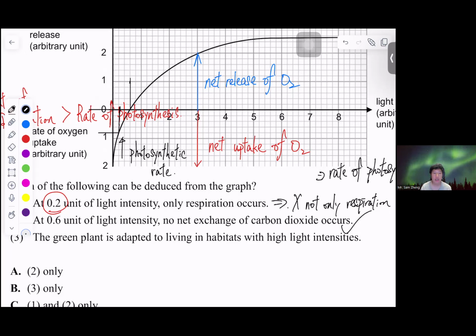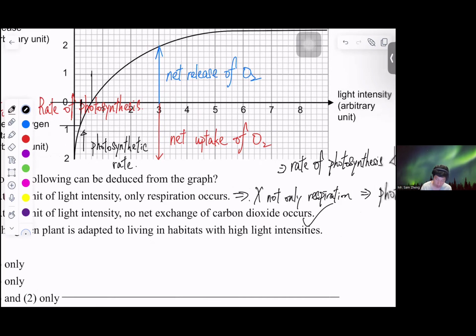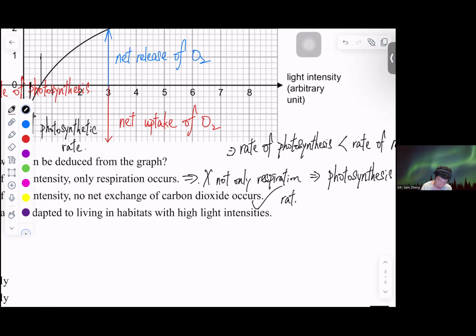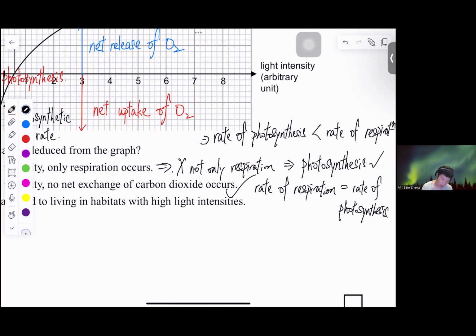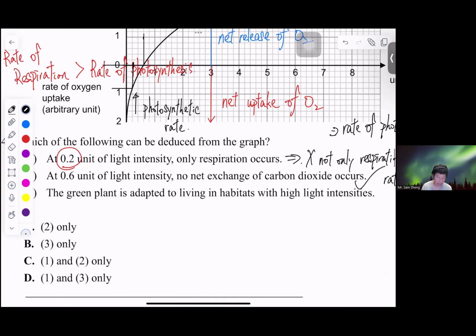Is that okay? Therefore, the rate of respiration is equal to the rate of photosynthesis, so there is no net exchange of carbon dioxide.